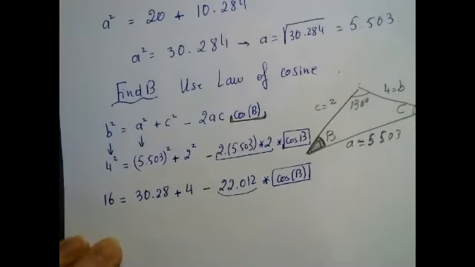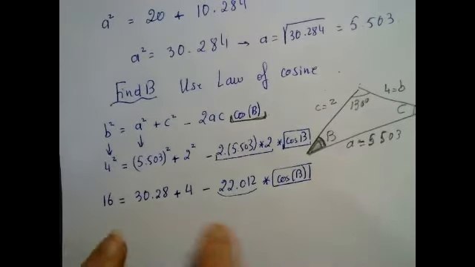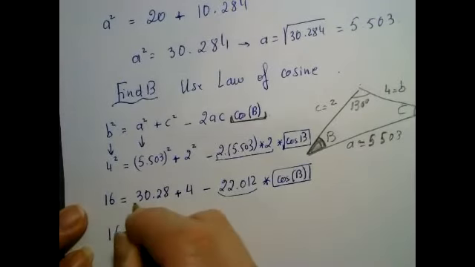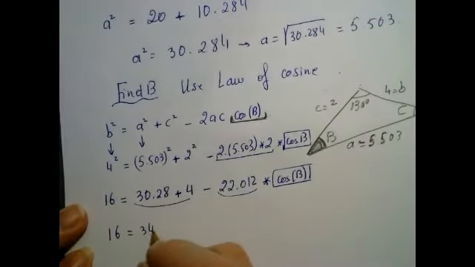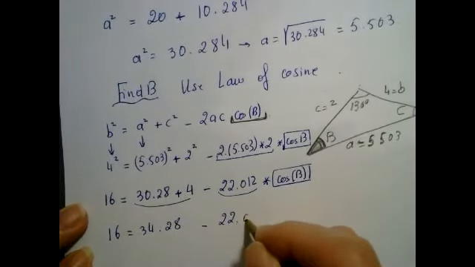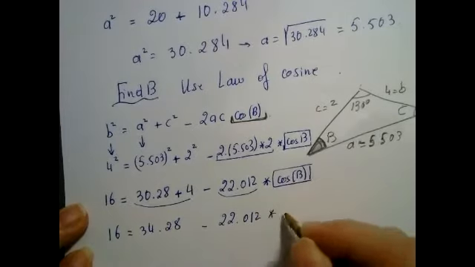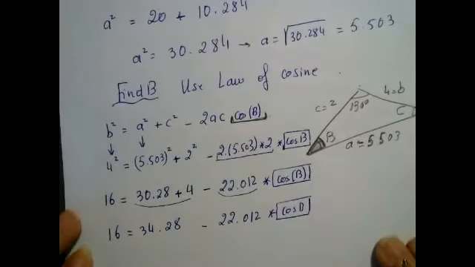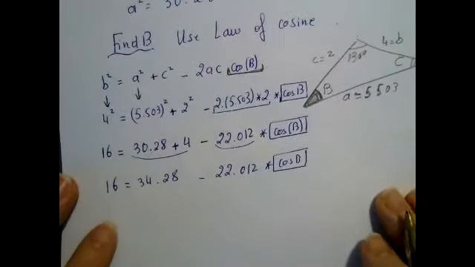Now, how can I isolate that term? So to isolate the cosine, let us do a little bit of simplification. I add those two terms, I get 34.28 minus this times the cosine of B. I keep putting it into a square to remind you that's the one I'm going to go after.